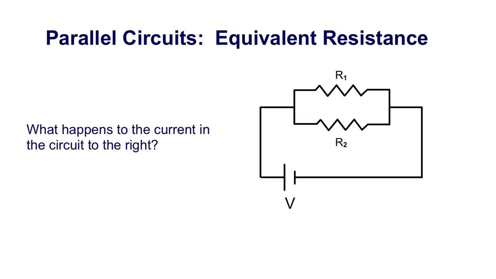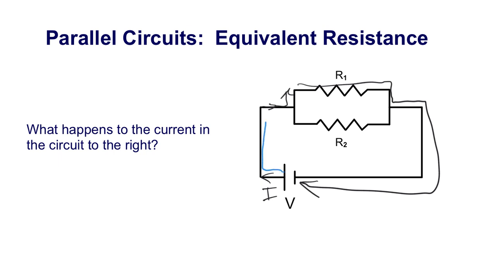What happens to the circuit on the right? Okay, conventional current. What happens to the current in the circuit? So it's going to split up. It's going to go that way and circle around like this, back to the battery, and it's going to go this way, make another loop and go back to the battery.